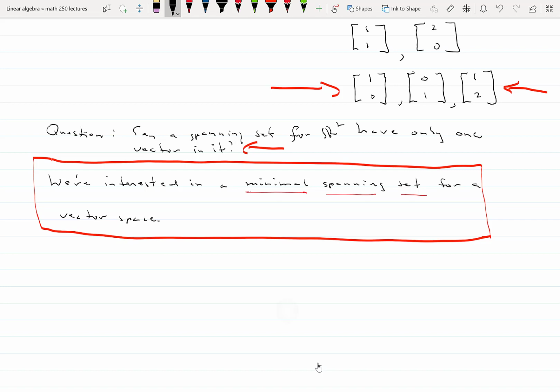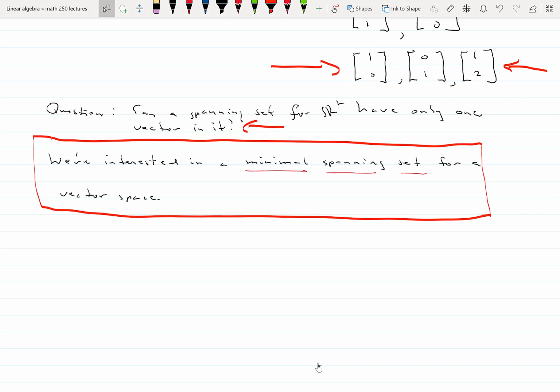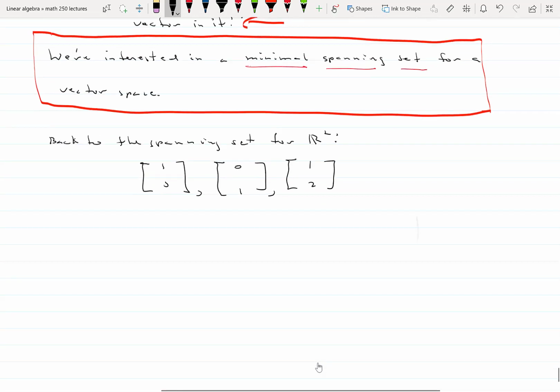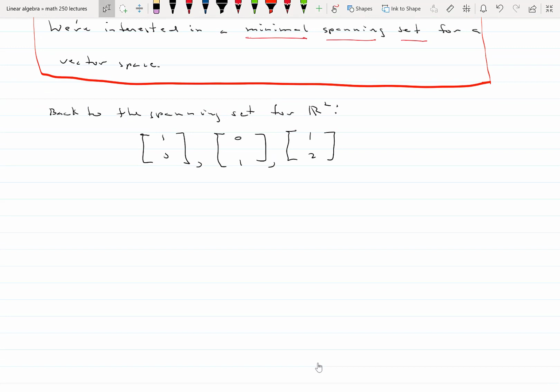Okay. Now, back to that spanning set with three elements in it. Back to the spanning set for R2 that has the vectors 1, 0, 0, 1, and that sort of extra 1, 2. I want you to notice something.